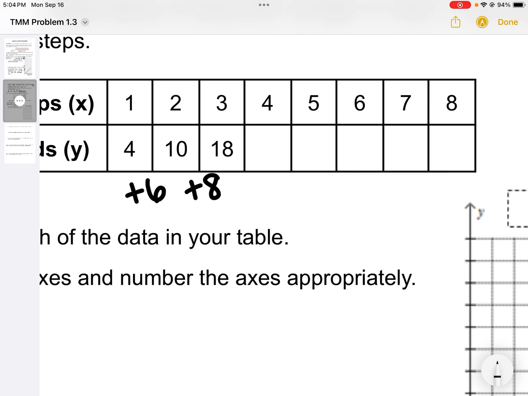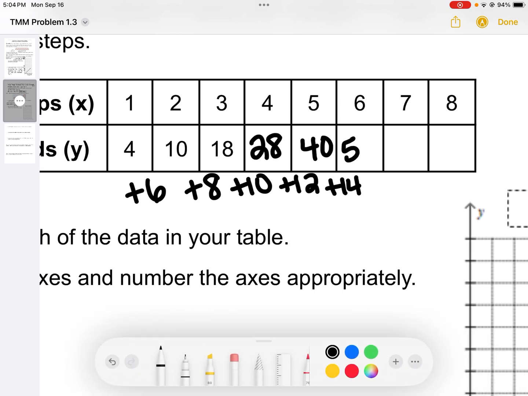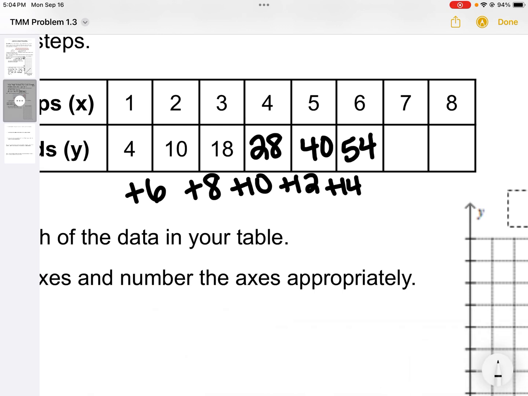So 6, 8, that tells me I should add 10 as my next even number. So 18 plus 10 does give me 28. If I add 12 next, I should have 40. Then I add 14, which should give me 54. Then I can add 16, and I should have 70. And then lastly, I'm going to add 18, and I should have 88.